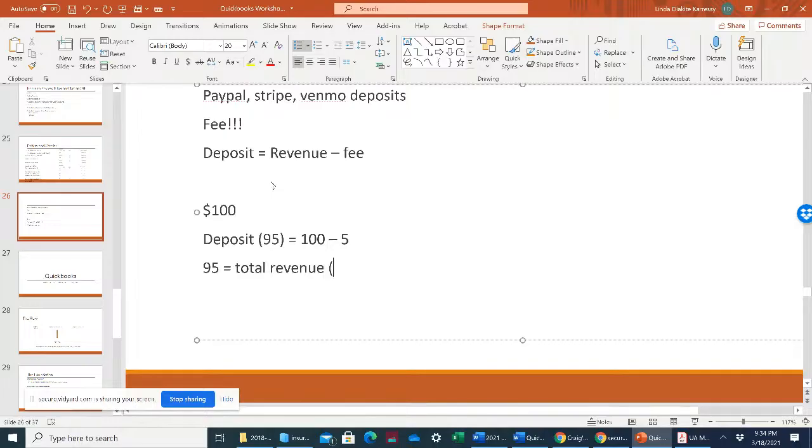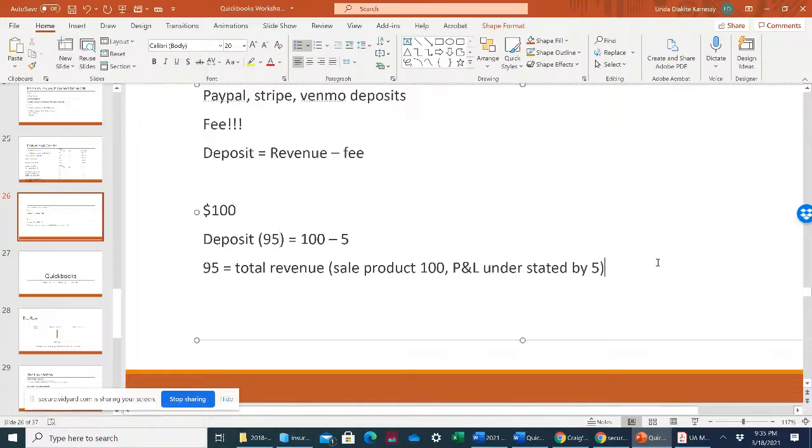And why is it incorrect? Because you sell your product at 100, not 95. So really, your profit and loss statement is understated by $5. If you just record this $95 to total revenue, you're short by 5 because your product is actually 100.